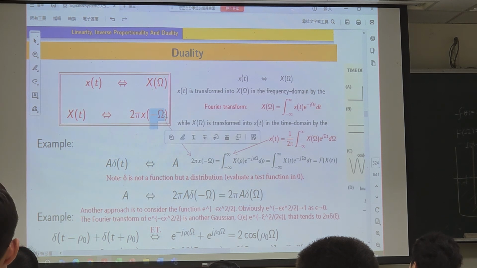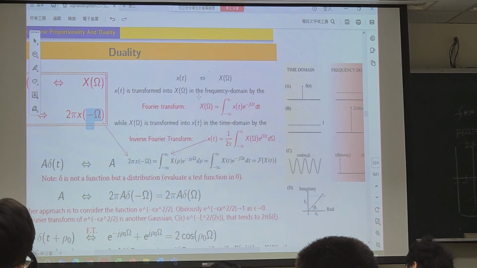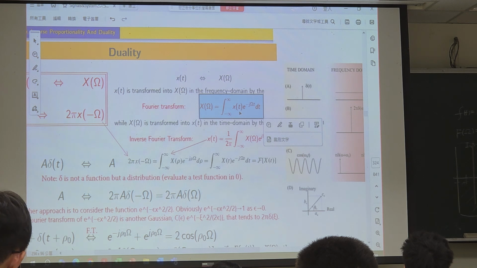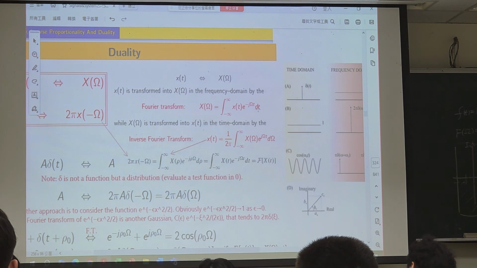Quite interesting. The way to prove it is quite straightforward. Take a look here. Initially we have the function x of t, and then we take the Fourier transform. So this is the Fourier transform of x of t: the integral of x of t times e to the negative j omega t dt.